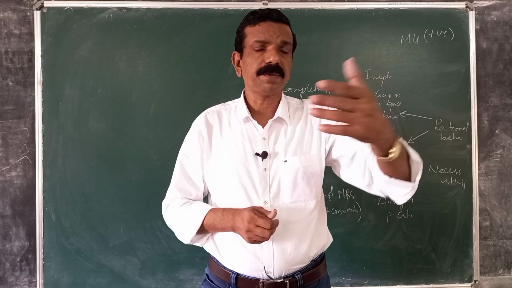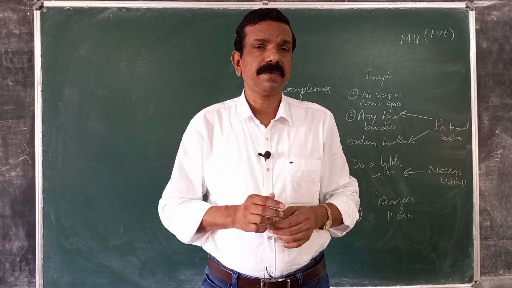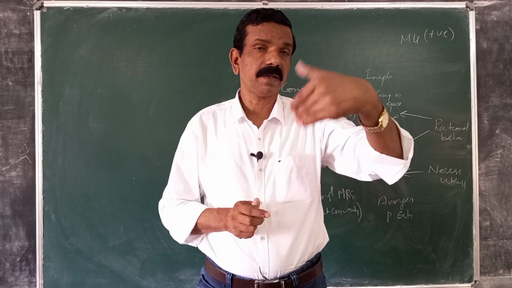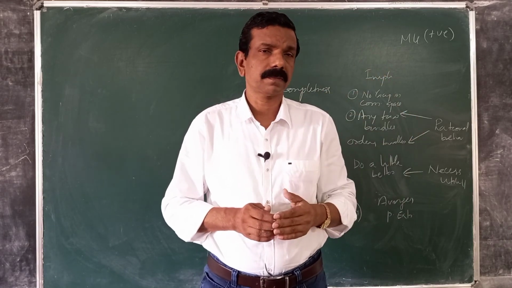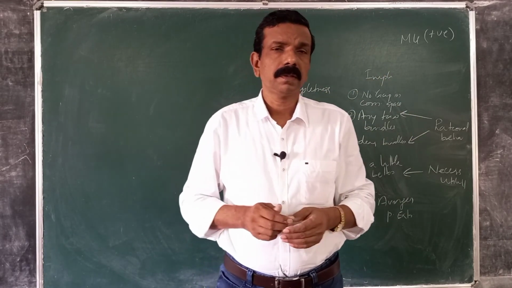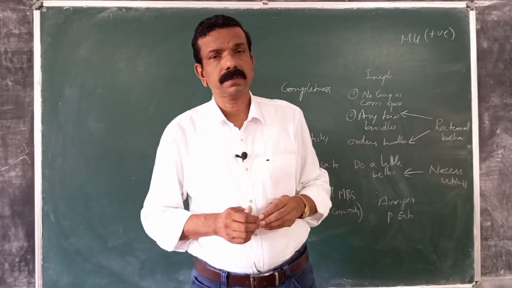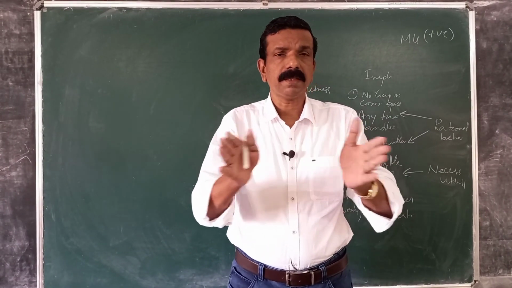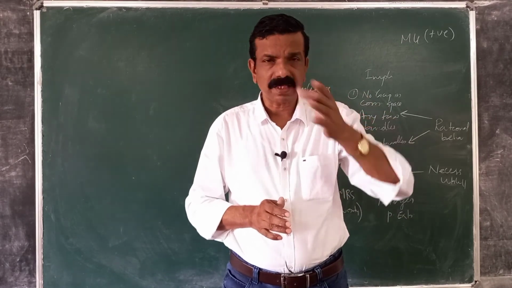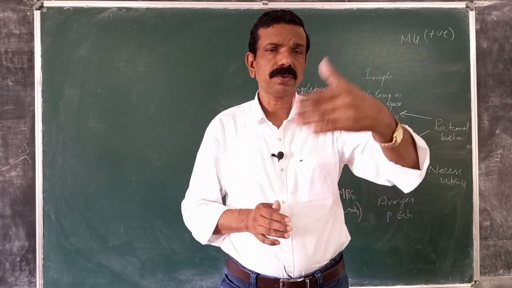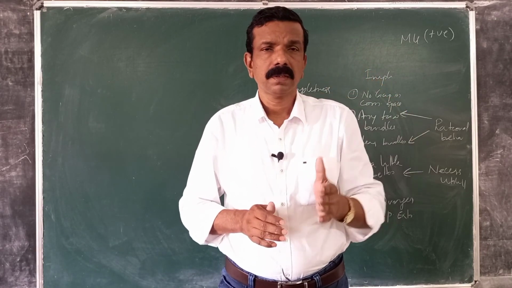Depending on the type of preference, you can specify the underlying utility function. Or if the utility function is known to you, then you can explain the nature of preference. And also you can derive indifference curves that we will see later. And the shape of the indifference curve depends on the type of utility function we consider. And we will explain various types of utility functions and the associated shapes of indifference curves.